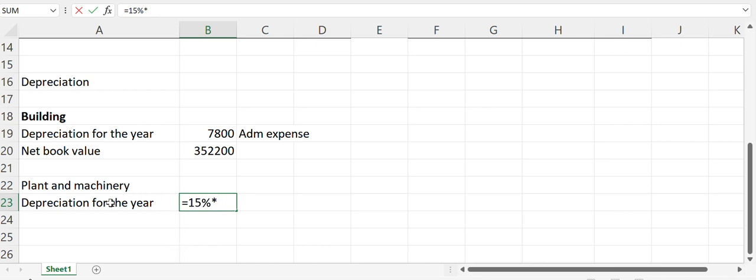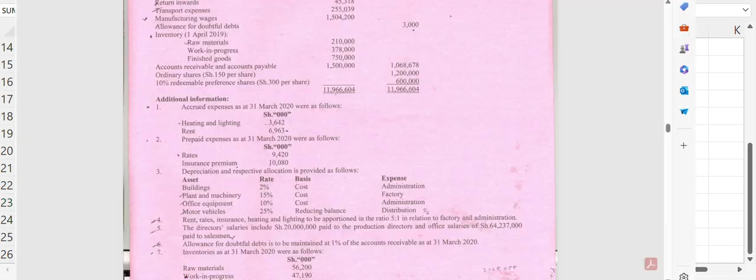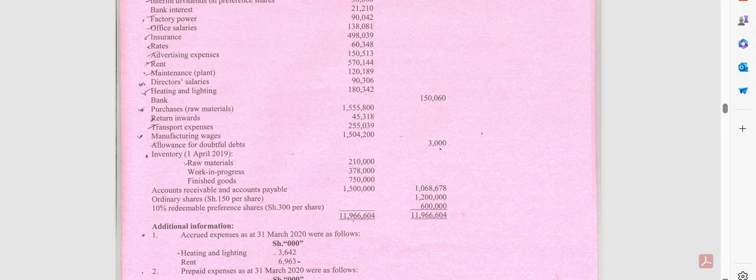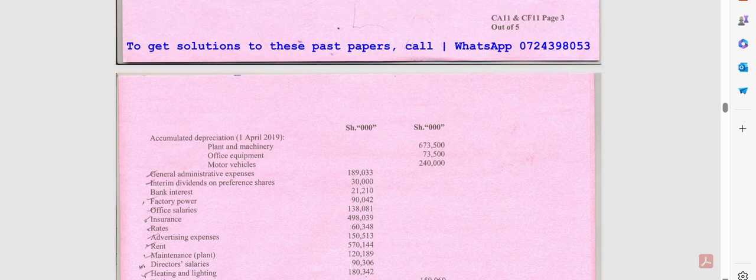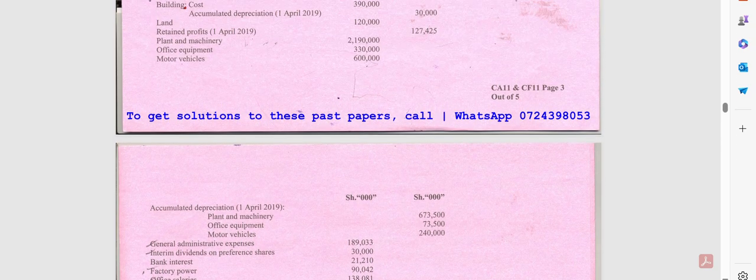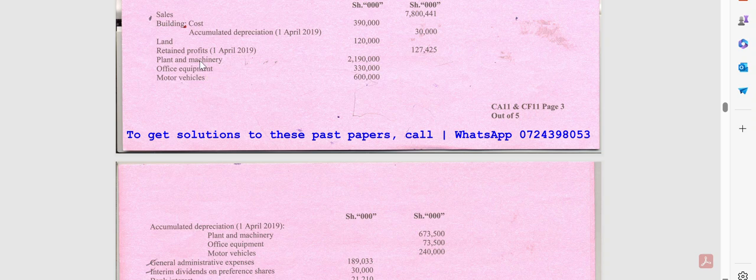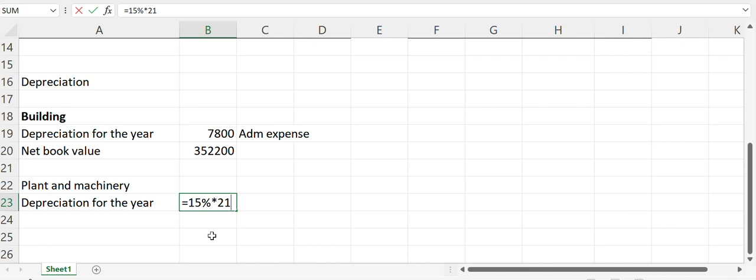So let us go to the trial balance to check the cost for plant and machinery. Yeah, here it is. Plant and machinery, 2,190,000. So we get that.